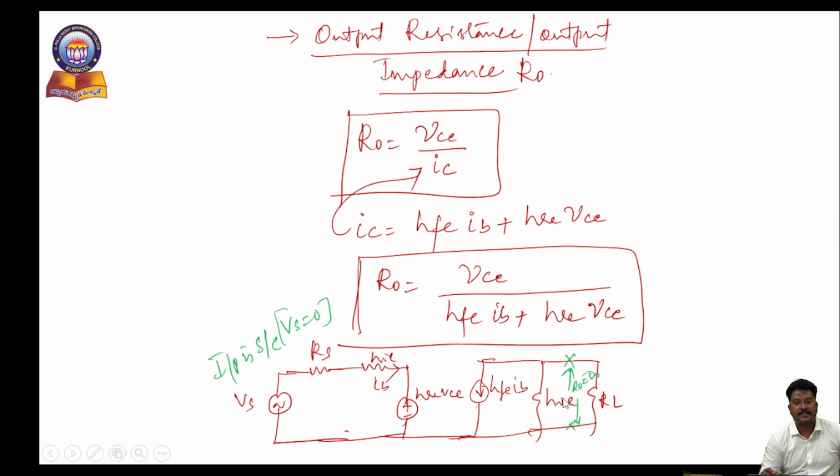So these are the two conditions we have to apply in order to find the output resistance of the amplifier.